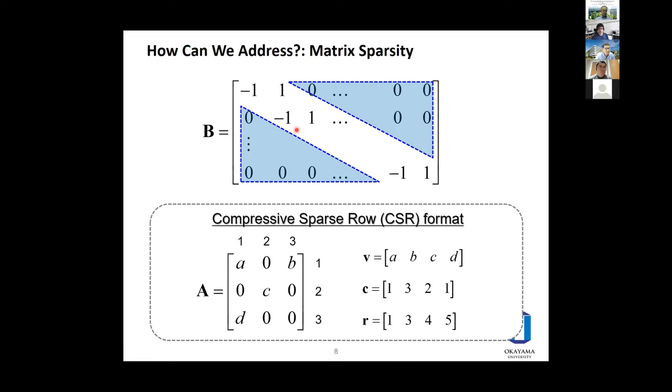There are several methods to efficiently store a sparse matrix. In G-lasso, we used the CSR format. In CSR format, one matrix can be represented by three one-dimensional vectors.